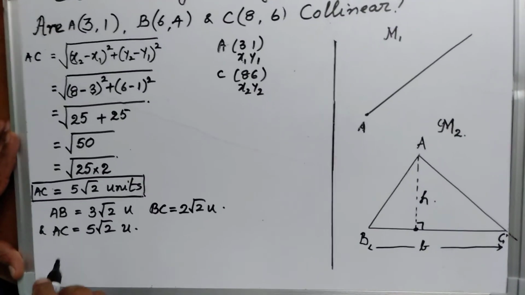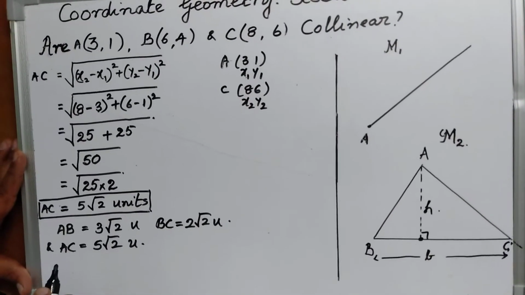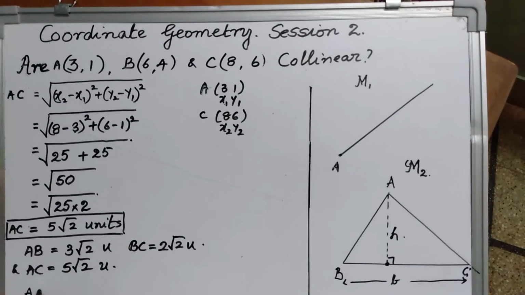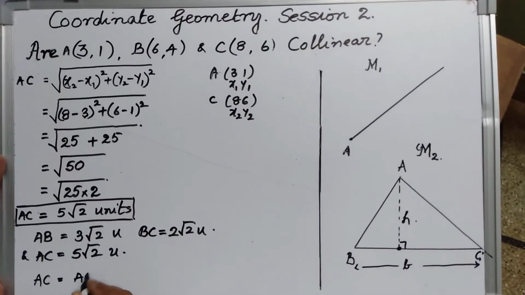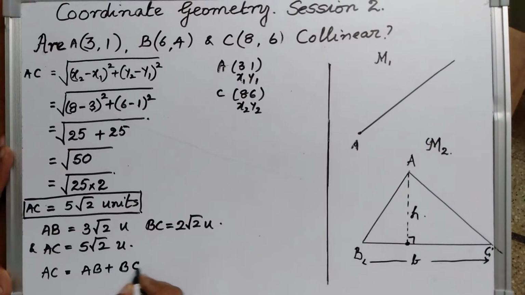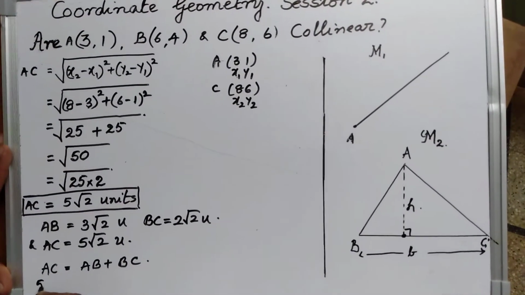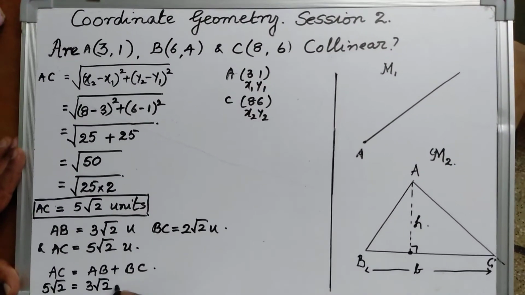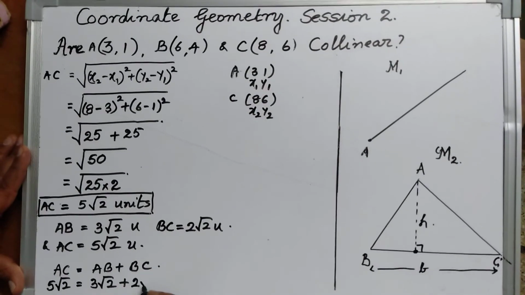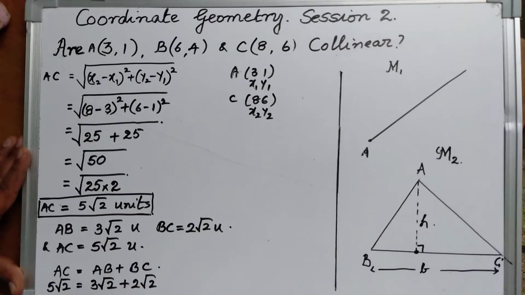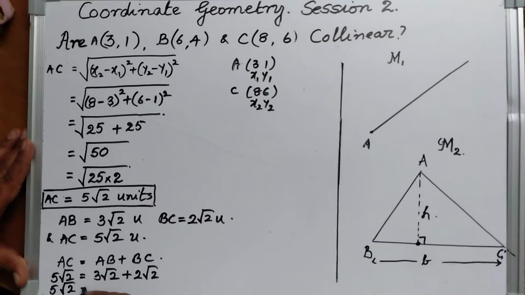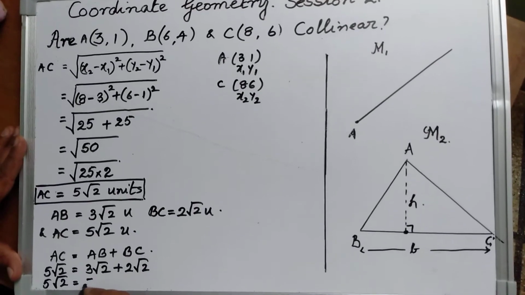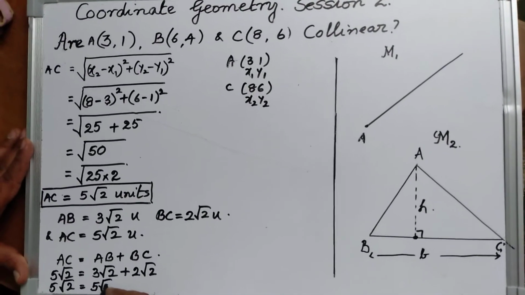If we see the three values, then we can easily tell that AC is equal to AB plus BC. That is, AC is 5 root 2, equal to AB, 3 root 2, plus BC, 2 root 2. Therefore, AC equals AB plus BC, since 3 root 2 plus 2 root 2 is 5 root 2.